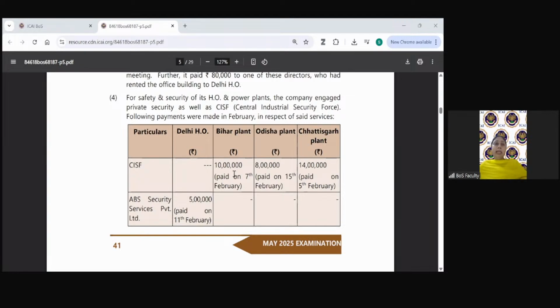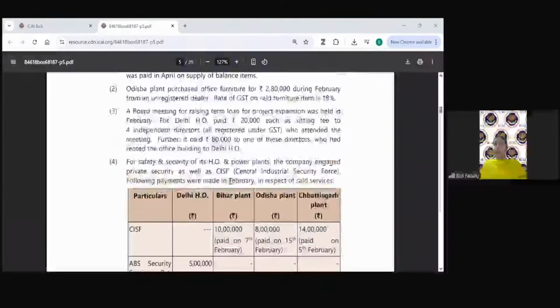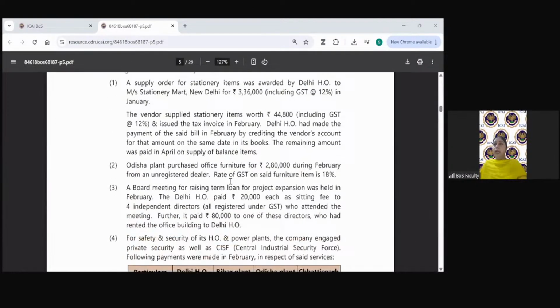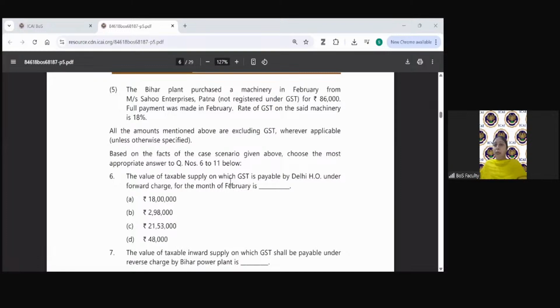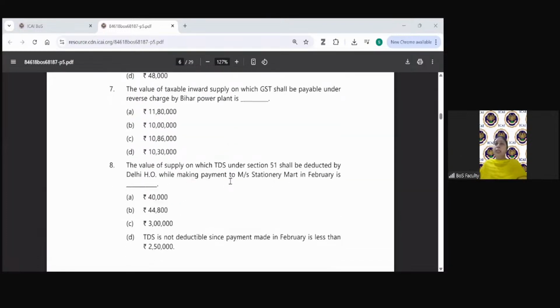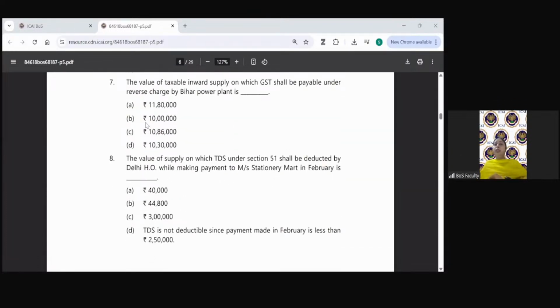And therefore, this 10 lakh amount gets taxed under reverse charge. Therefore, the answer will become 10 lakh because no other transaction pertains to Bihar Power Plant. These were the two transactions for Bihar Power Plant, out of which one is not taxable under reverse charge. And therefore, the correct answer will be option B. And all of you have answered that correctly. That answer is option B.